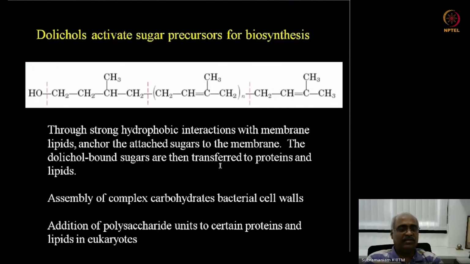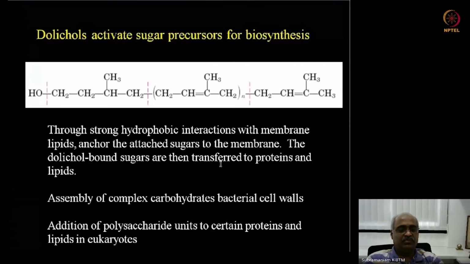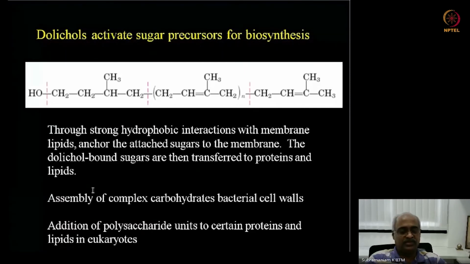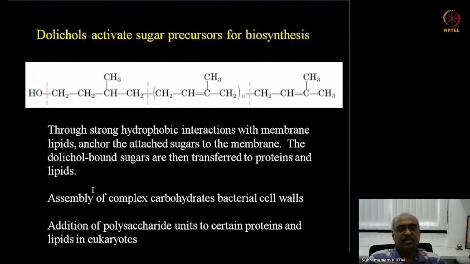So this is a dolichol. Vitamin K is a version of dolichol, just that the dolichols don't have that aromatic group. These dolichols are important for activating sugar molecules. For example, the enzymes that are going to add sugars to lipids to make glycolipids, remember, we have already seen them.